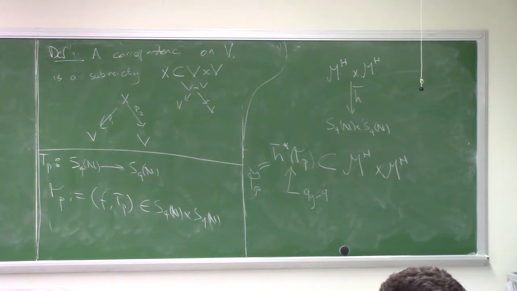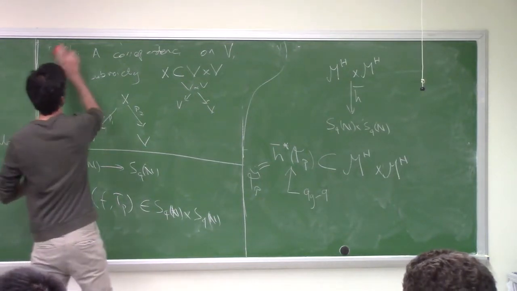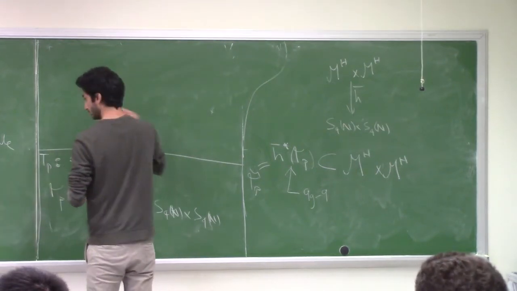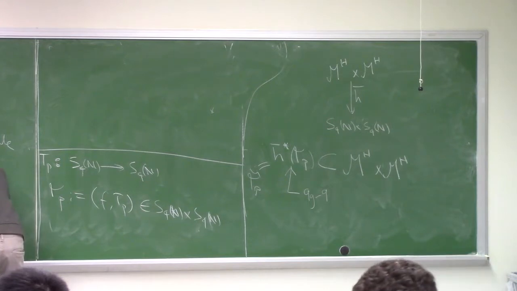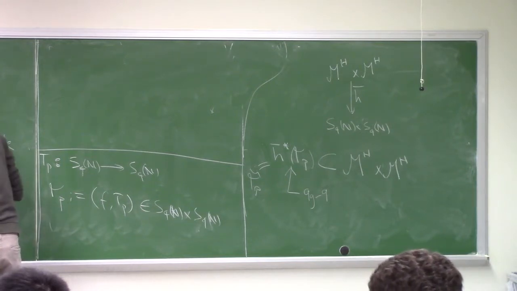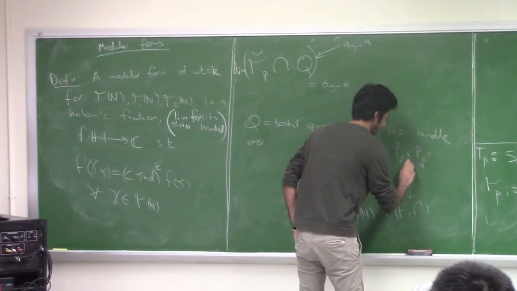So Q equals the total space of the fiber bundle over S4n cross S4n, where the fiber, let me just write it as PF prime right now, and the fiber PF is defined as... and if we take F comma F prime in here, then the fiber upstairs is a 3G minus 3 dimensional variety, which I just write down as PF cross PF prime over MB.